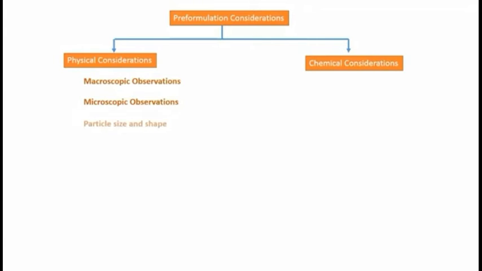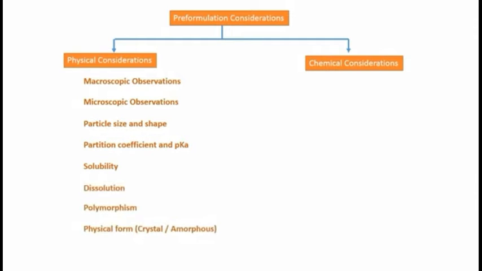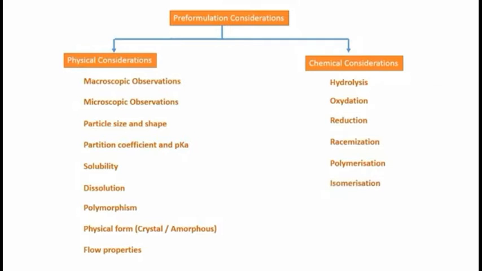In that, the first one is enantiotropic polymorphs.